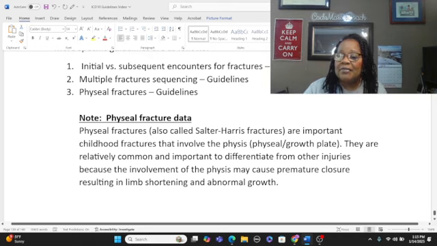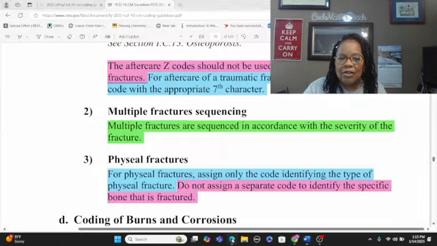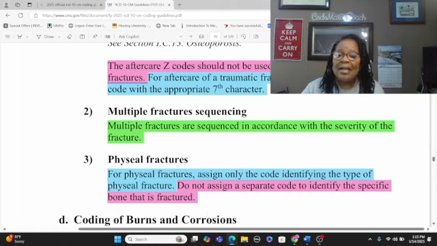They are relatively common and important to differentiate from other injuries because the involvement of the physis may cause premature closure, resulting in limb shortening and abnormal growth. So just know physeal fractures, even on your guidelines, it just states they are assigned to the code identifying the type of physeal fracture. And don't assign a separate code to identify the specific bone that is fractured.